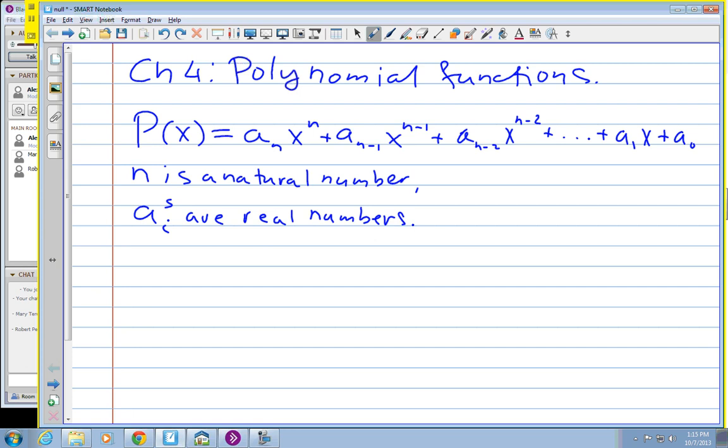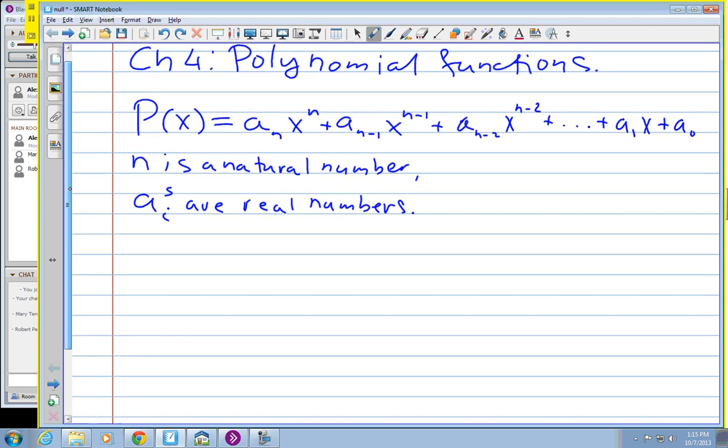Okay, so you have a number, variable, exponent, number, variable, exponent type of situation. So you've seen those functions before. We're just putting a little precision on it. So you just have those real coefficients. Now, a little bit of terminology.